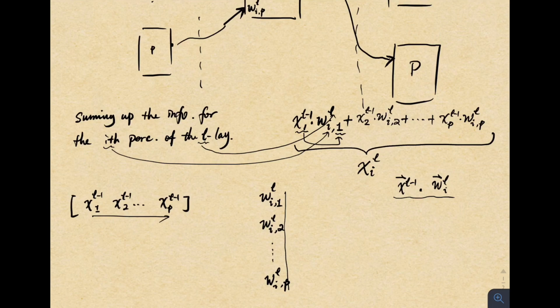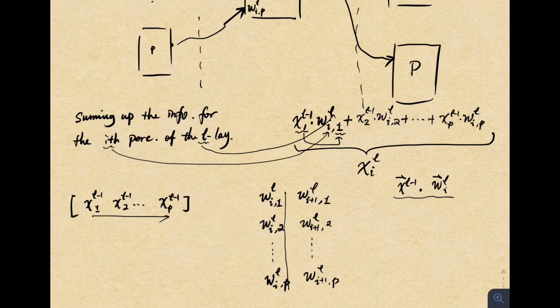If we write another column vector here, W of the i+1th neuron of the Lth layer connect to the first neuron of the previous layer, and here W of the i+1th neuron of the Lth layer connect to the second neuron of the previous layer, go all the way here, W_{i+1}, and connect to the last neuron.